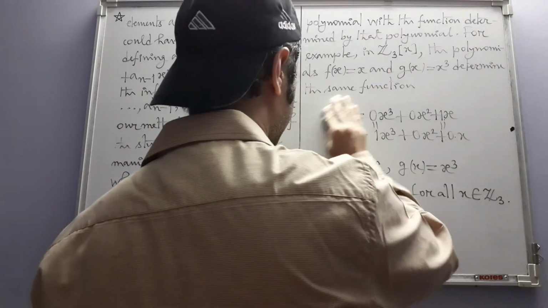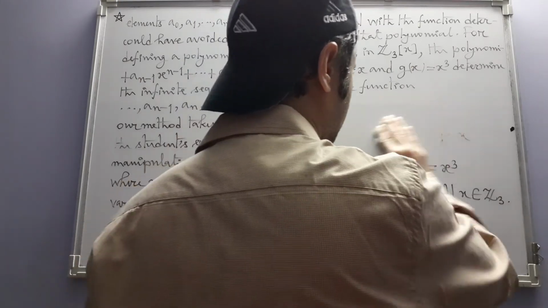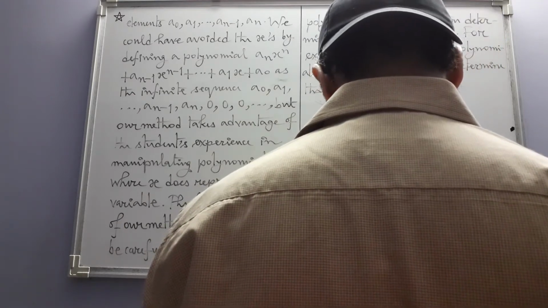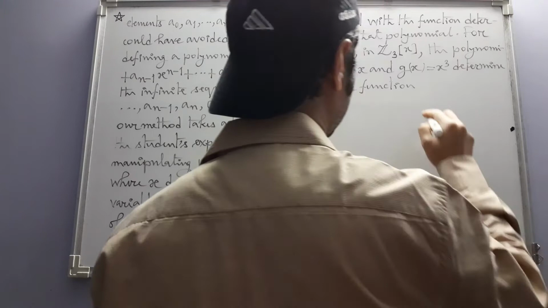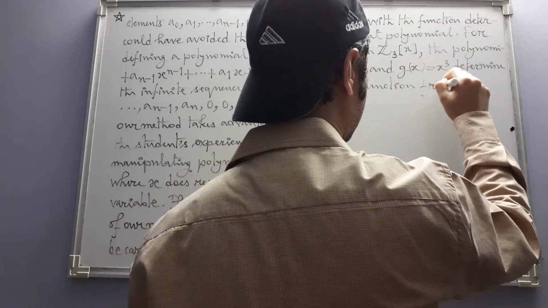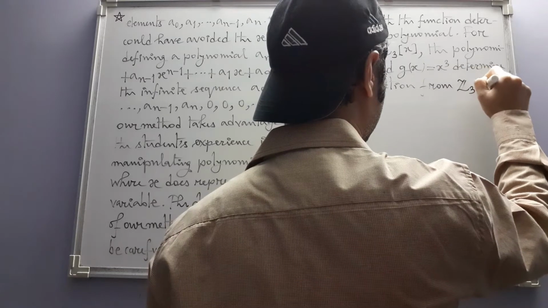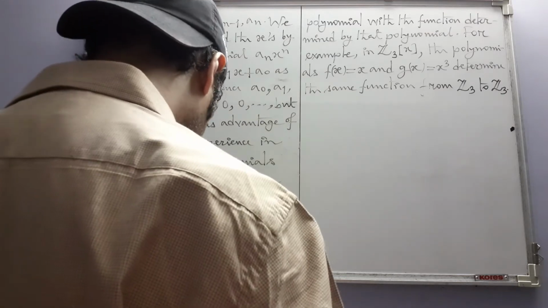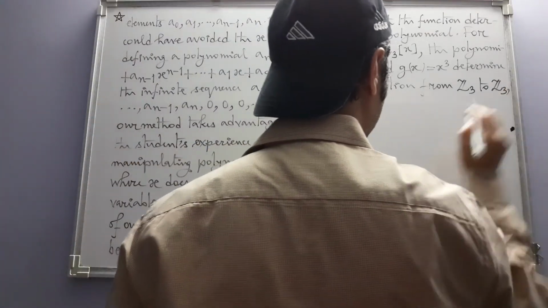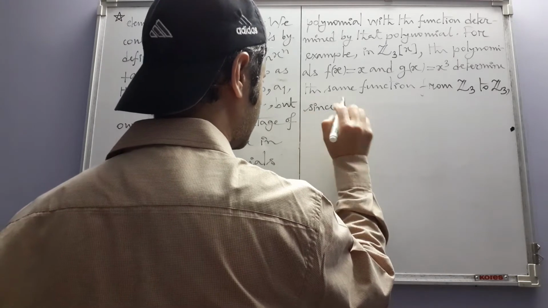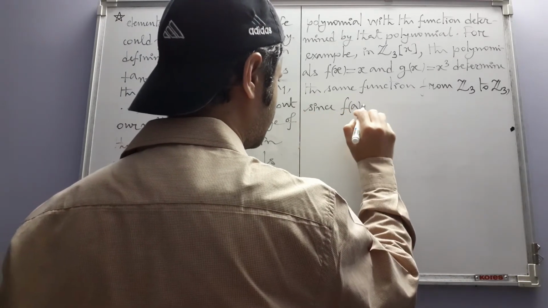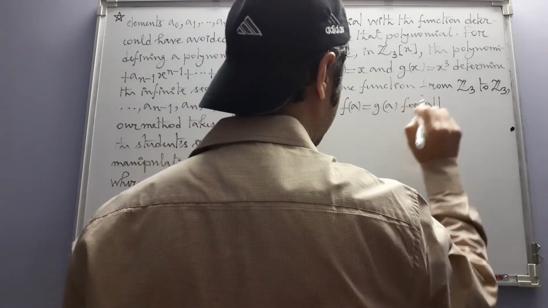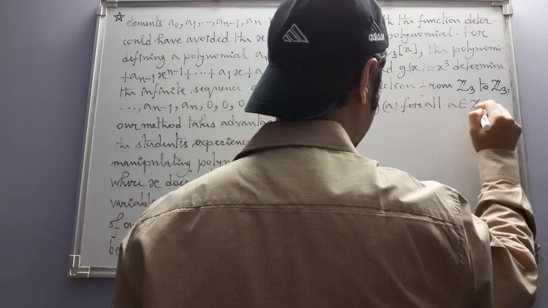So now we write that they determine the same function from Z3 to Z3, since f(a) is equal to g(a) for all a belonging to Z3.